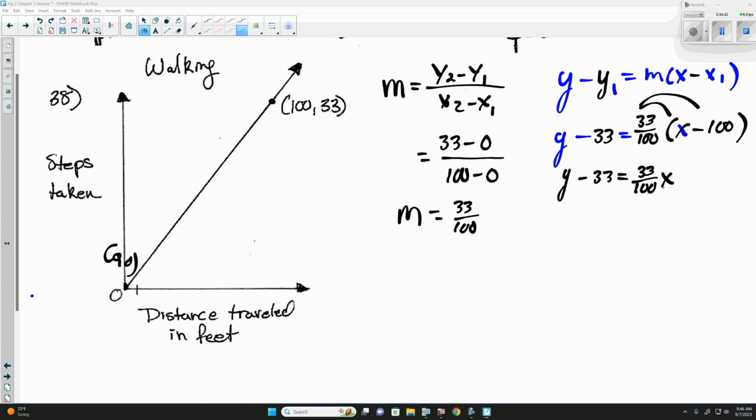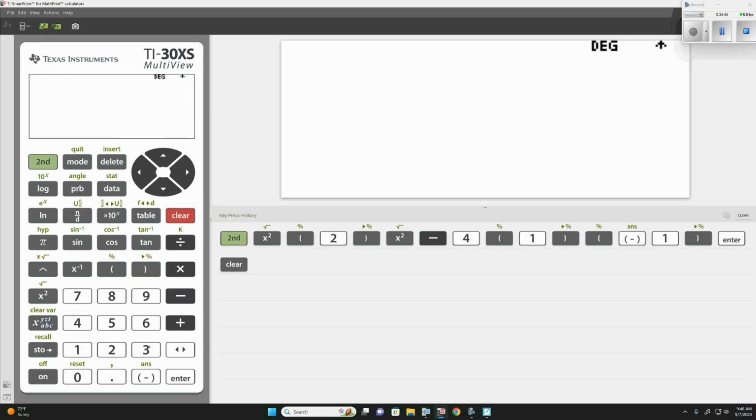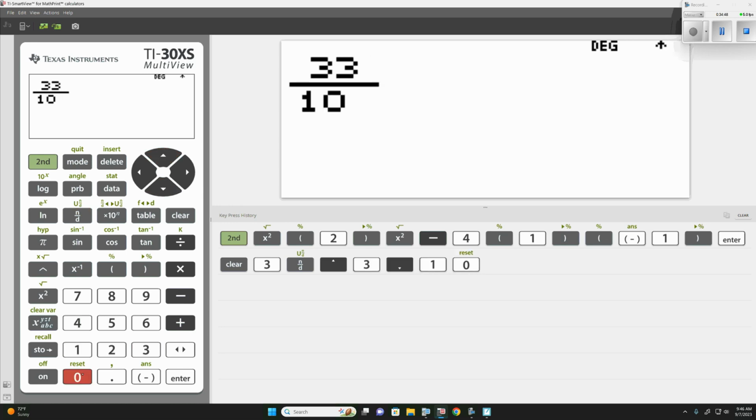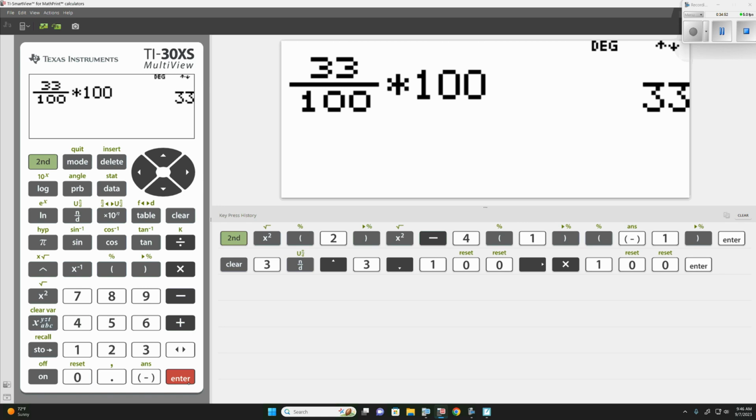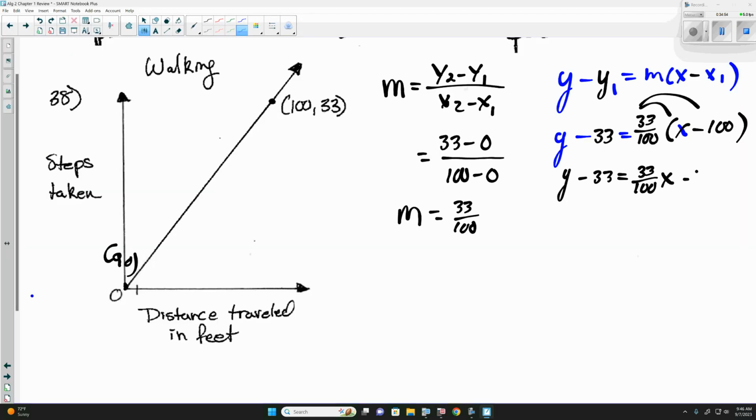Now we're going to do 33 over 100 times 100. So you can plug it in as negative 100, or we can say minus 33. Then we would indeed add 33 to both sides.